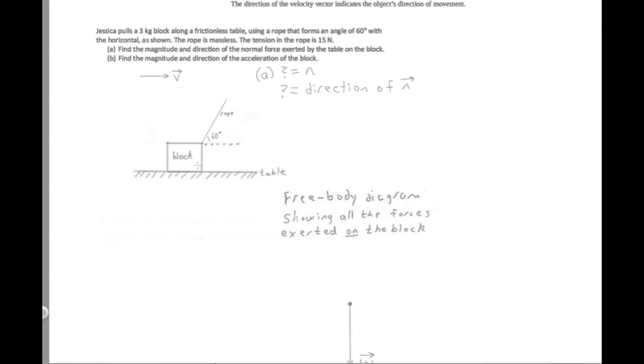Since the table is touching the block, the table will exert a force on the block. How should we think about that? Well, the table is what we would consider a surface, and the force exerted by a surface is what's called a normal force. So we need to include the normal force in our free body diagram, the normal force that's exerted by the table on the block.